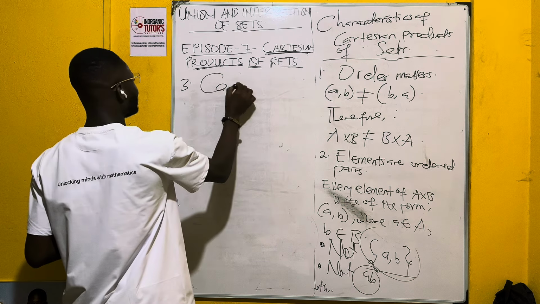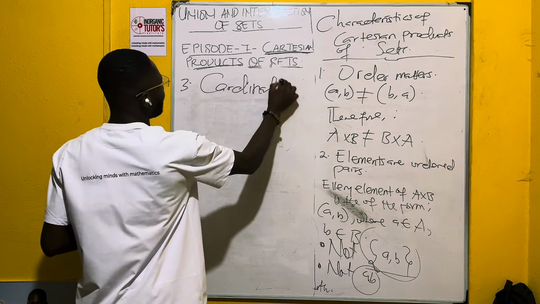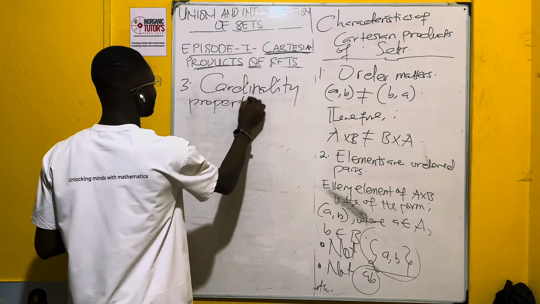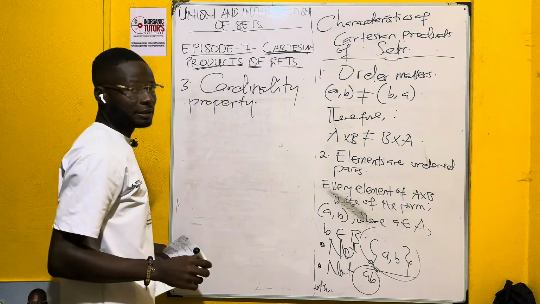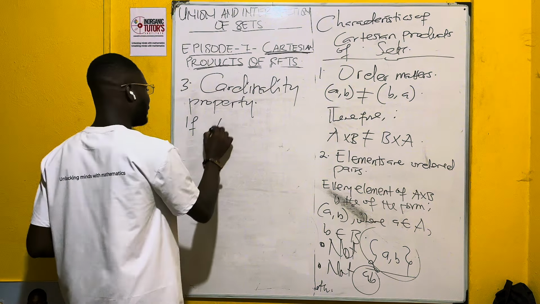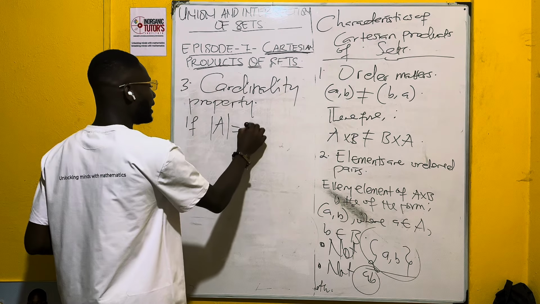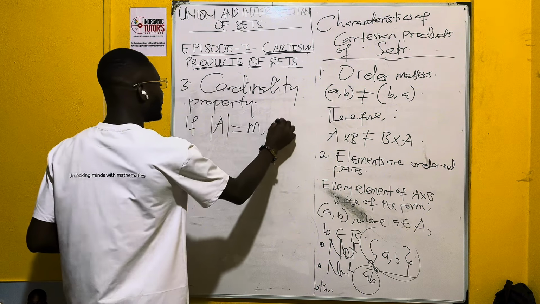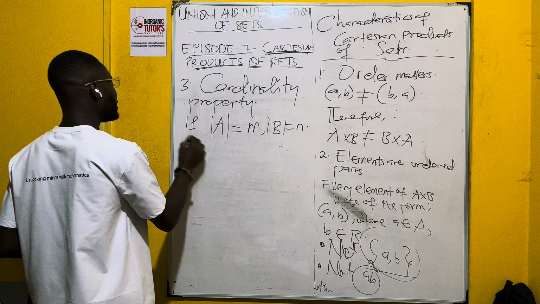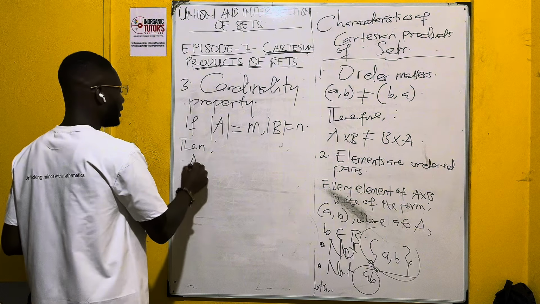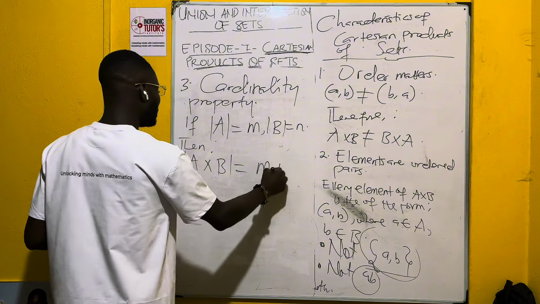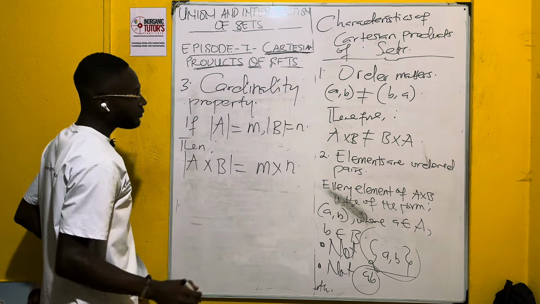Now, the third characteristic is the cardinality property. So with the cardinality property, let's say that if the cardinality of A is M and the cardinality of B is N, then we can say that the cardinality of A cross B is equal to M times N, right?